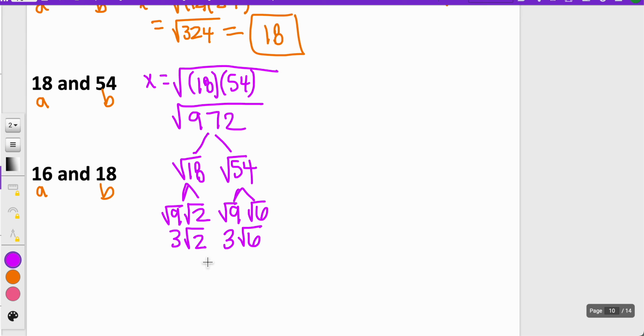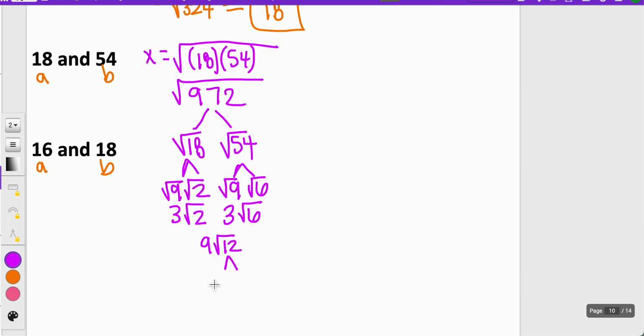So square root 12 times 9. But then I could simplify 12 even further. That would be square root 3 times the square root 4. So this is 9 times 2 times square root 3. So this would be 18 square root 3 as a simplified number.